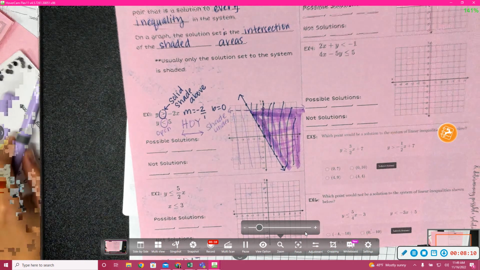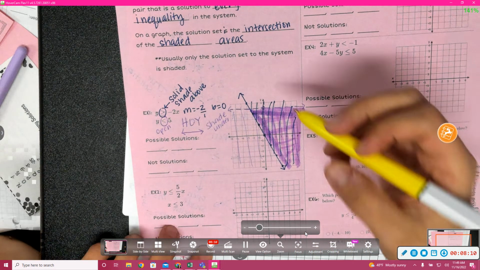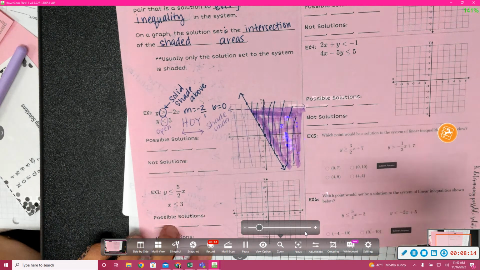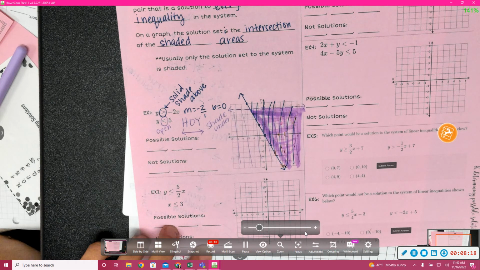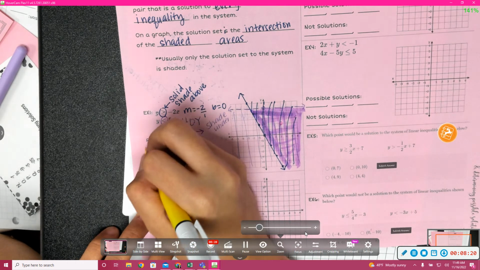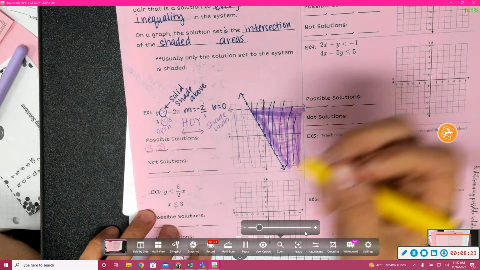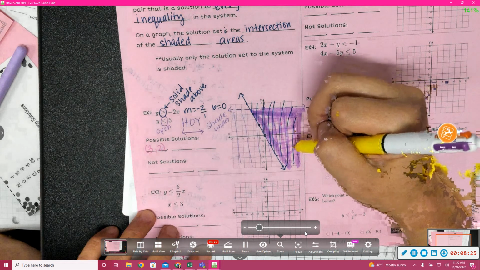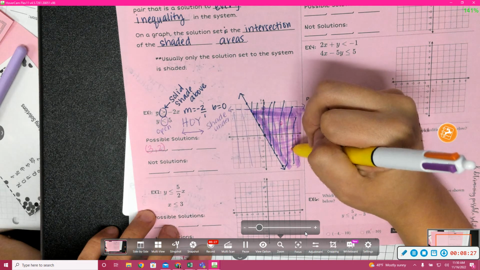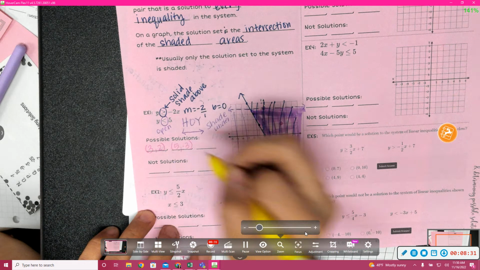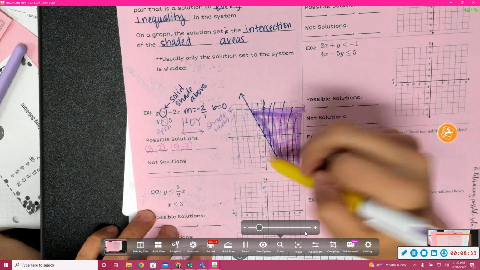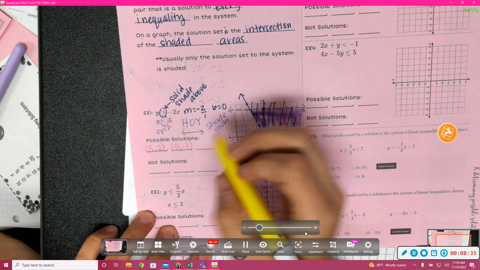So possible solutions here, we can have (3, 2). We can have (5, -3). We can have (2, -4).